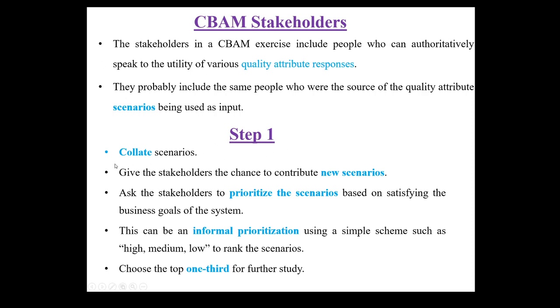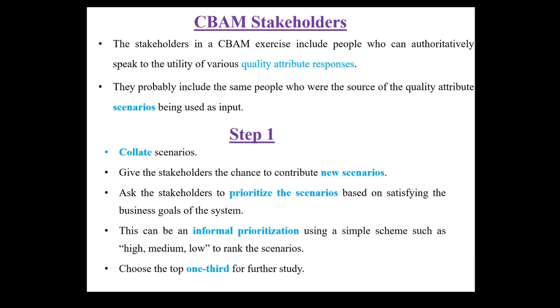Step 1, collate scenarios. What is collate? Collate is nothing but order, meaning organizing. So organize the scenarios first. Next, the stakeholders should get the chance to contribute new scenarios. If they want to have a new scenario, they can have it.